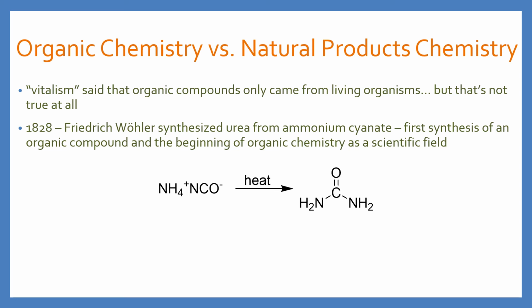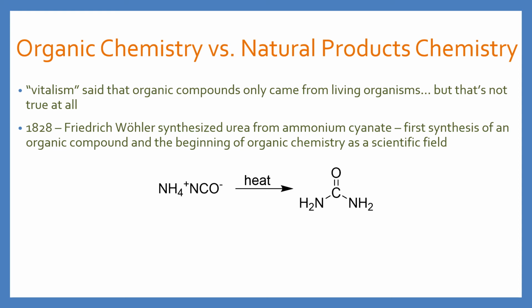So here we have ammonium cyanate, and upon heating it up, it goes through kind of a rearrangement mechanism, and a substitution is something that you haven't seen yet before, in order to produce urea, which is this molecule here. And urea is an organic compound because look at that carbon atom.